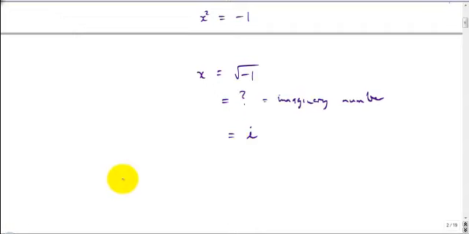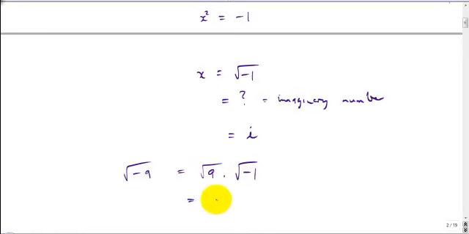Of course this carries over into other square roots as well. Say the square root of minus 9. Again, this is asking what number, when we multiply it by itself, will give you minus 9. In the real number system, you can't think about that. But one way of understanding it, based on what we have above, is to say this is the square root of 9 multiplied by the square root of minus 1.